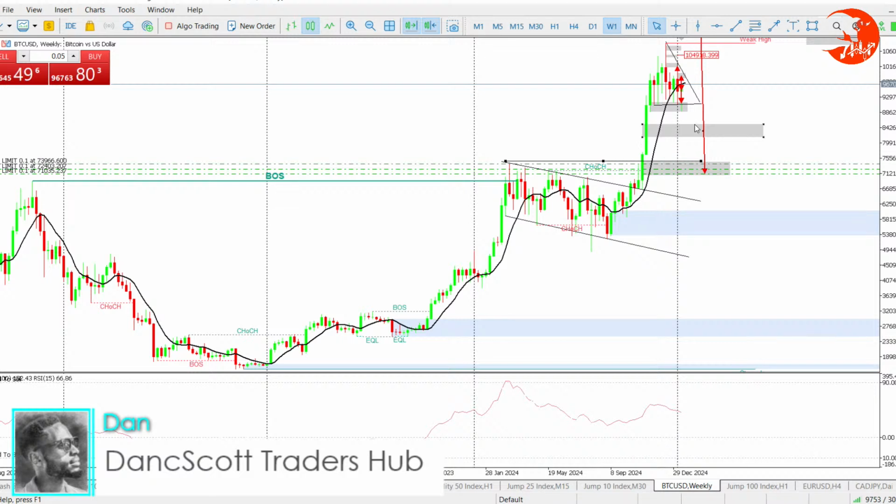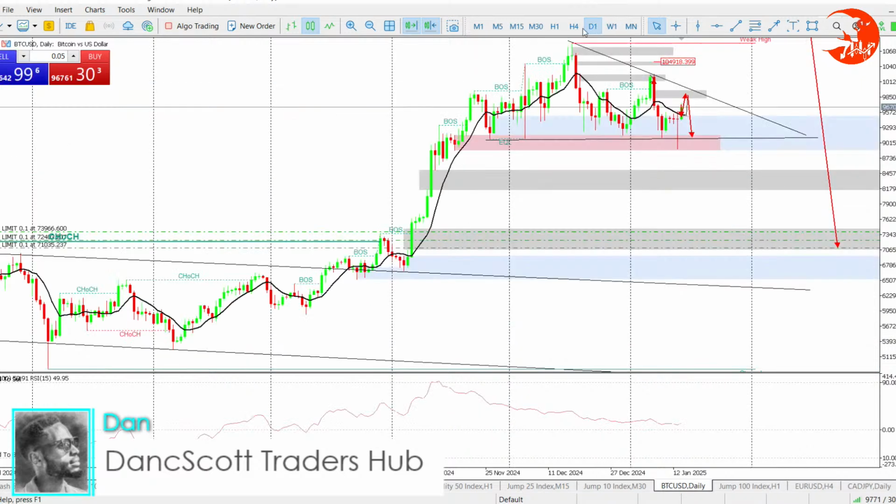This one is a fair value gap after the break of structure. Then this one is a fair value gap after the breakout on this very falling wedge, or whichever you want to call it, a channel. So those two are very important levels, points of interest, that we'll be looking into to grab opportunities from.